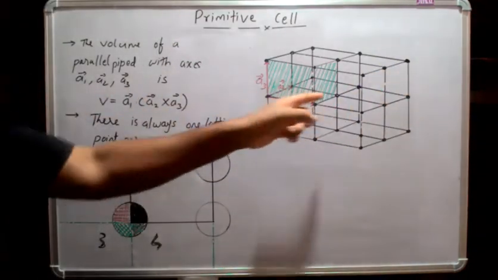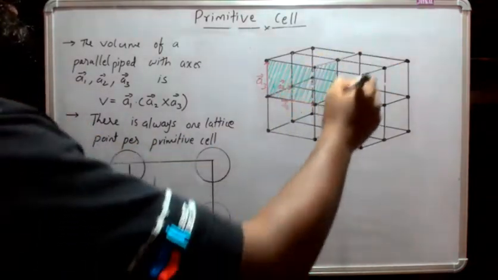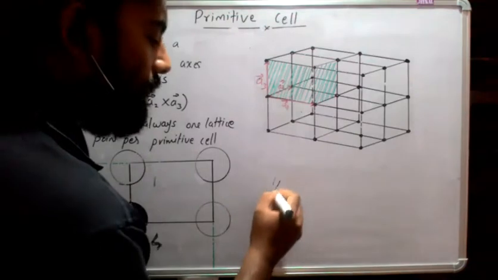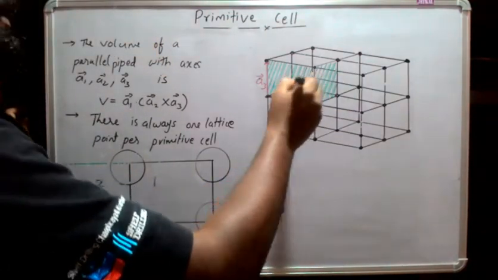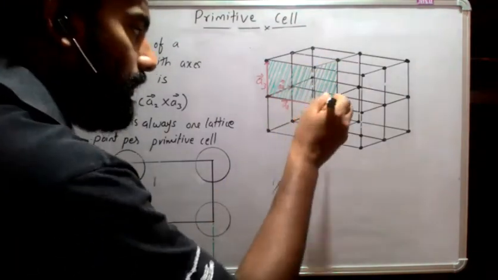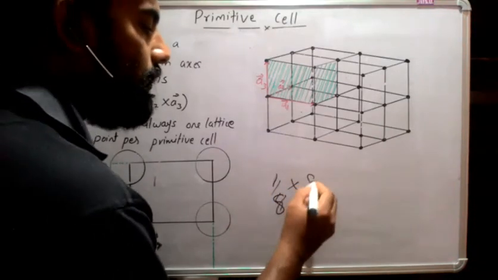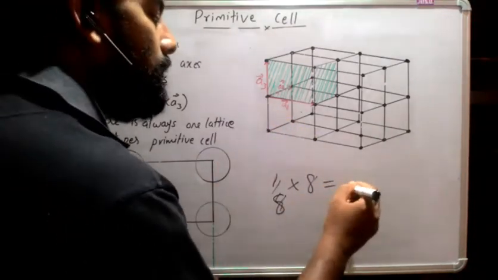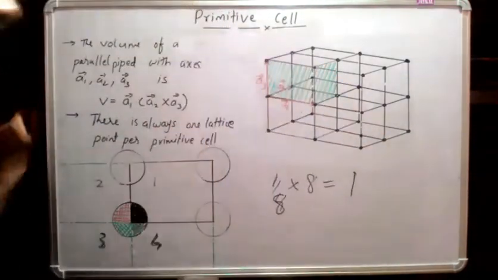So each lattice point is shared among 8 primitive cells. So a 1/8 portion of a lattice point is inside one primitive cell at one corner. So 1/8 into a total of 8 corners, and the total number of lattice points inside a primitive cell is 1.